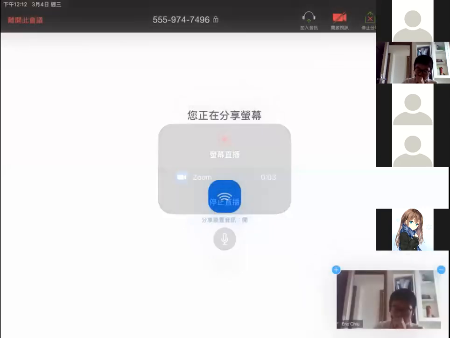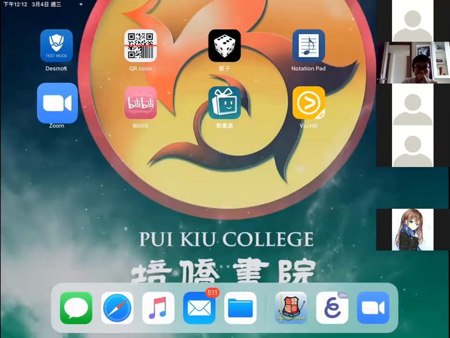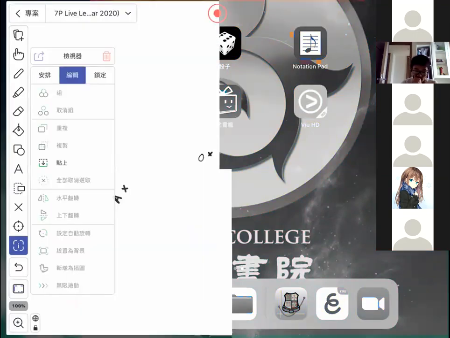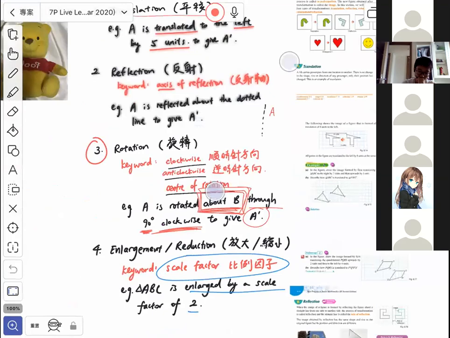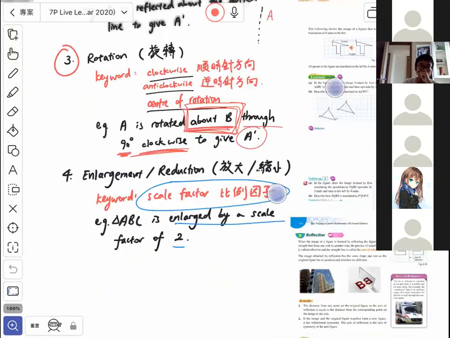Okay, let's try again. We talk about translation, reflection, rotation, enlargement, reduction of the same type.